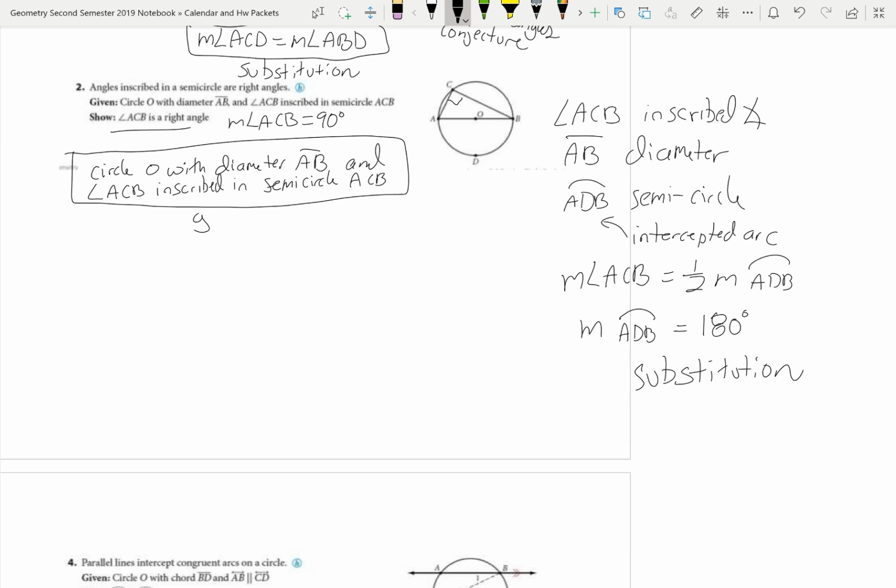Okay, that's given. Well, since it's a diameter, that's going to mean that the arc is a semicircle.